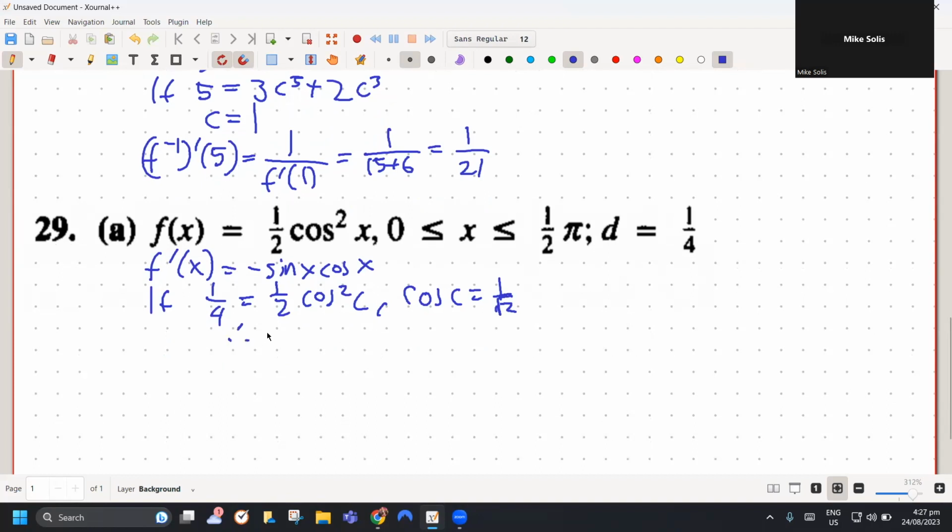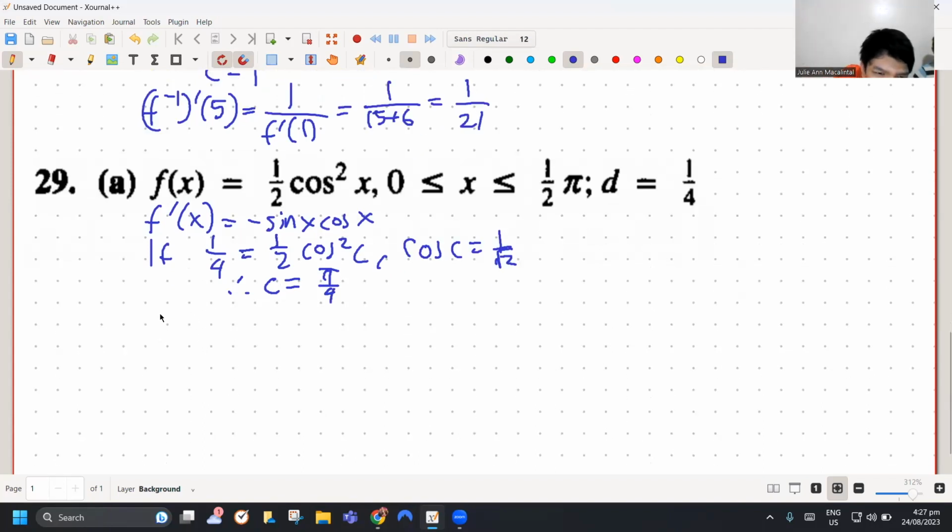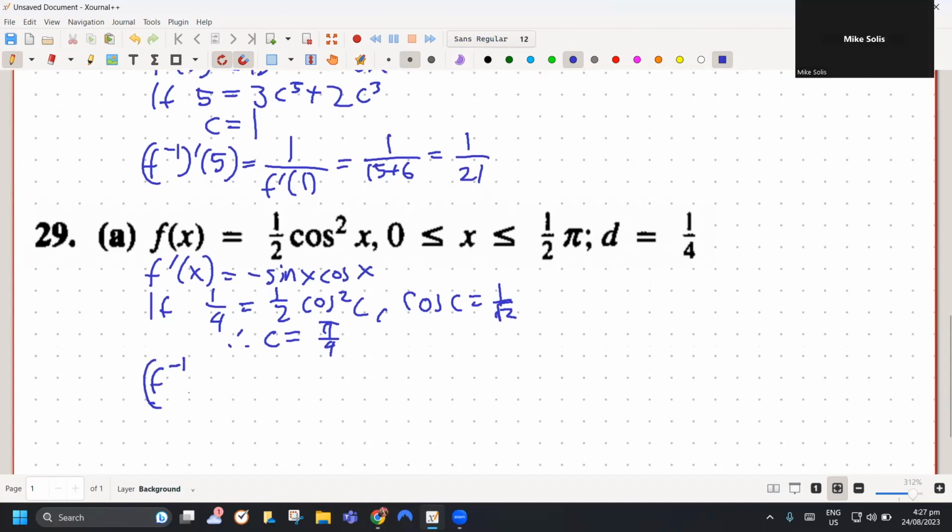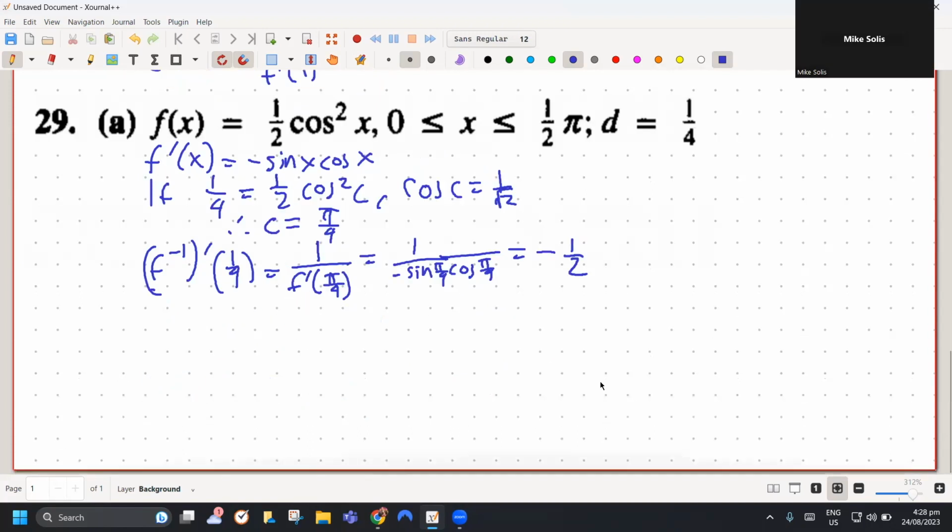So that should be, yeah. Teka. Sine of pi over 4 times cosine of pi over 4 is 1/2, di ba?